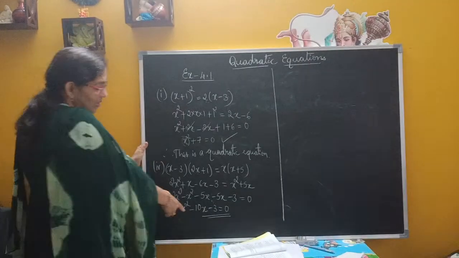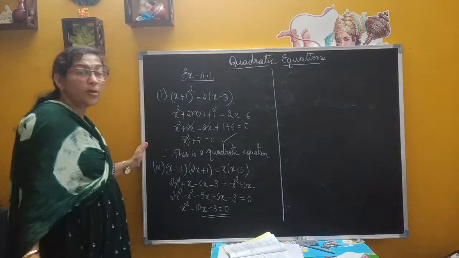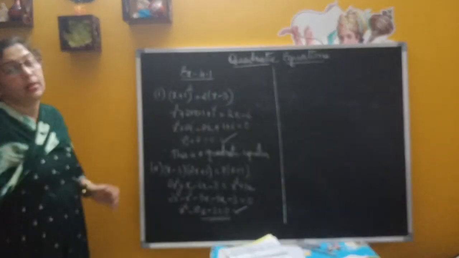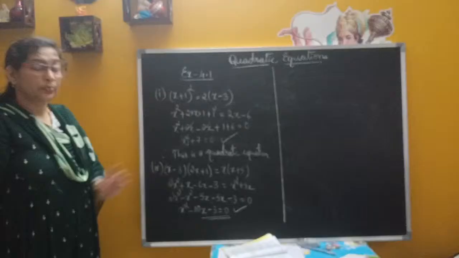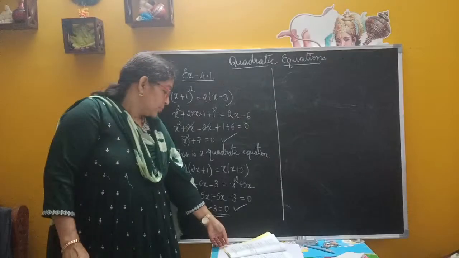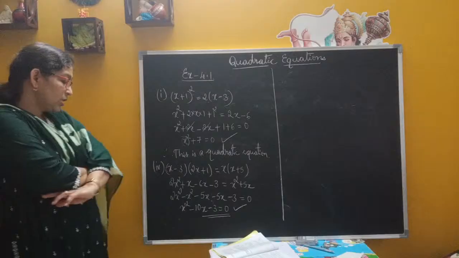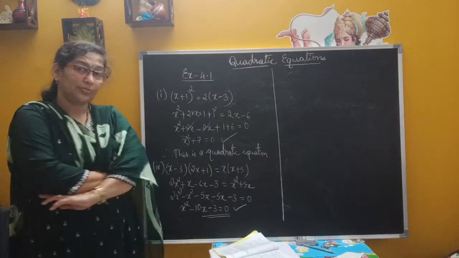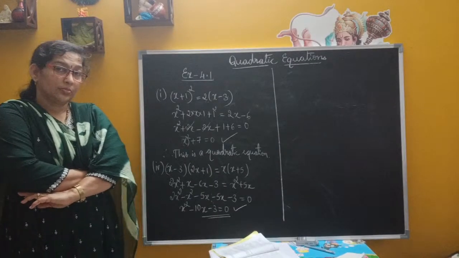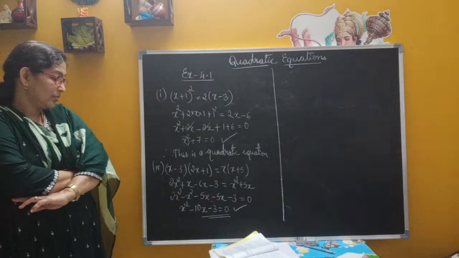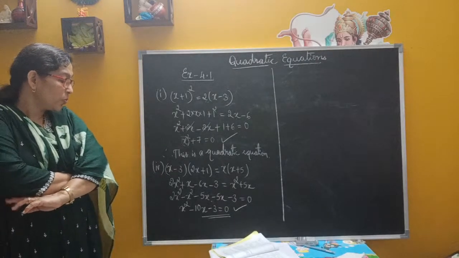So x square minus 10x minus 3 is equal to 0. This is a quadratic equation. Very simple. Now let us go for one more problem.